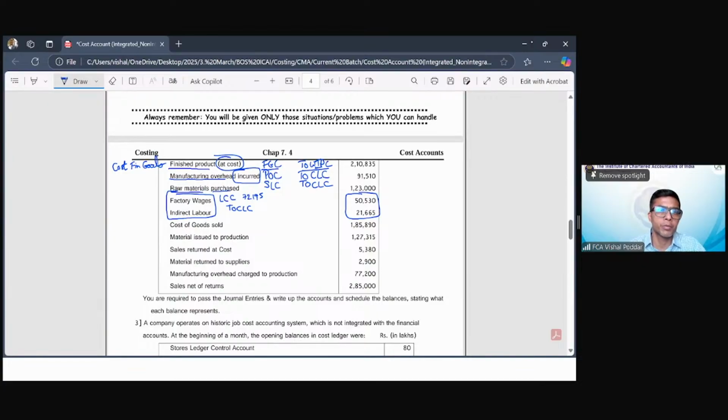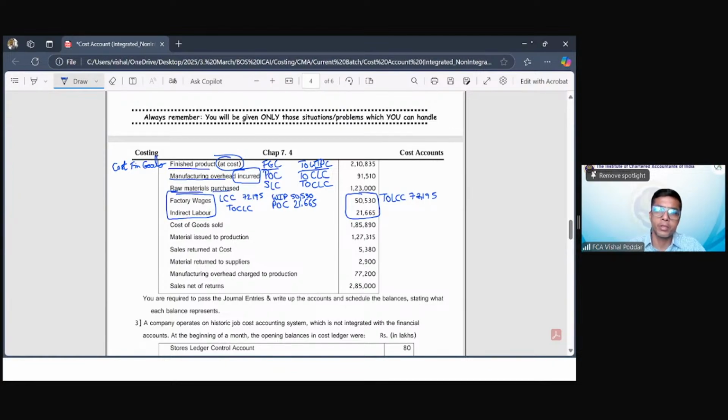Second transaction is for charging this. So WIP debit by the direct wages amount. Production overheads debit by the indirect wages account amount. And it is credited to the labor. So LCC credit 72,195.